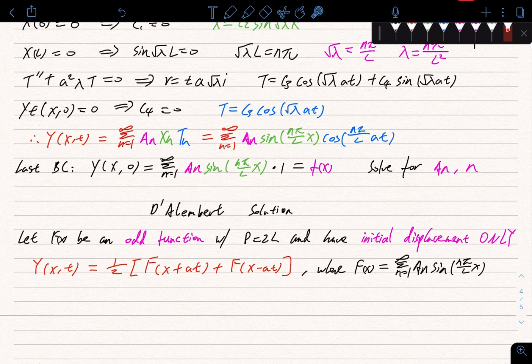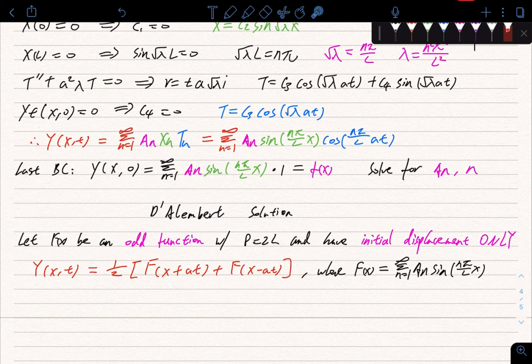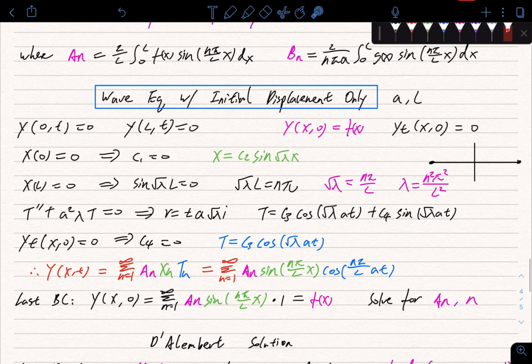As you might have noticed, the d'Alembert solution quite resembles the boundary condition that we just had in our initial displacement only case.